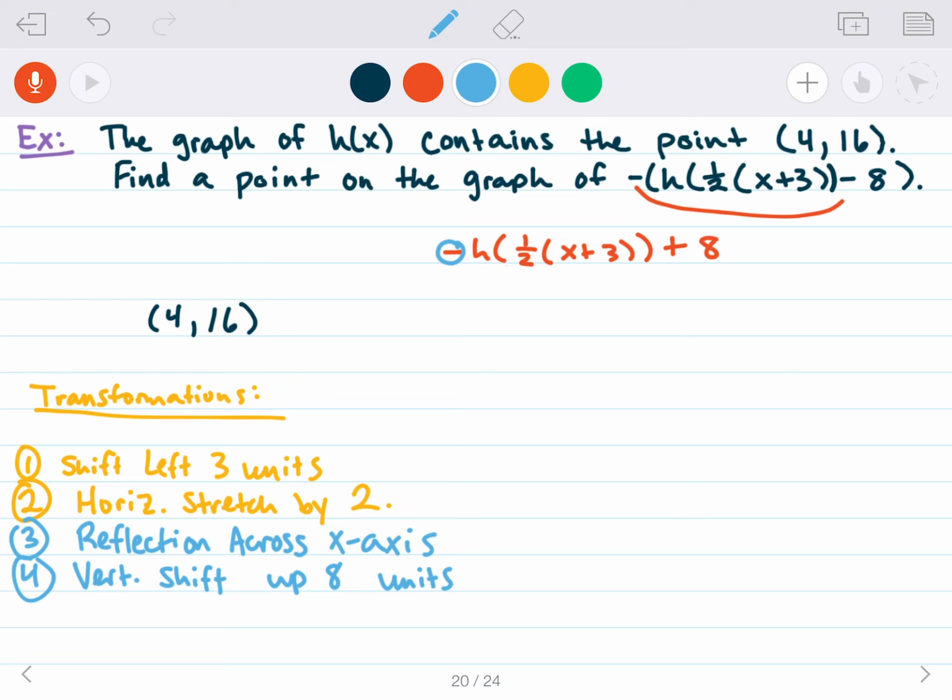All right, so let's apply these transformations to the point that we have here. With the x, we're going to first multiply the original x by 2 to account for the horizontal stretch, and then we're going to subtract 3 to account for the horizontal shift. So what we have here is 4 times 2 minus 3.